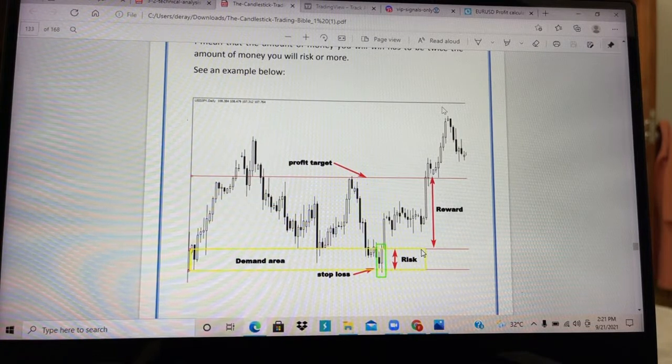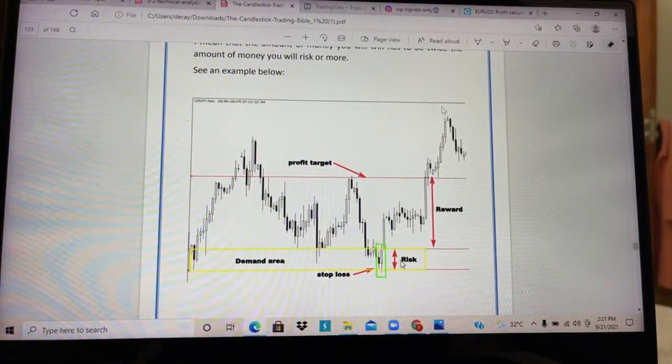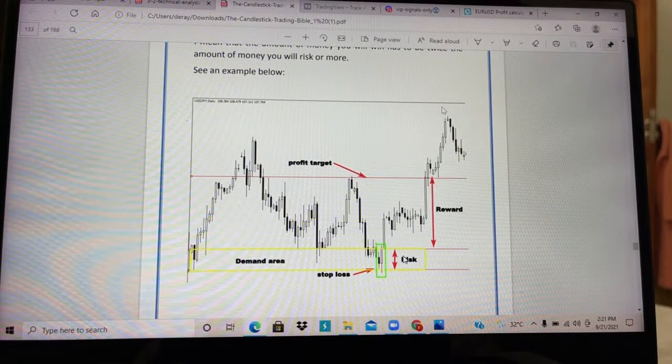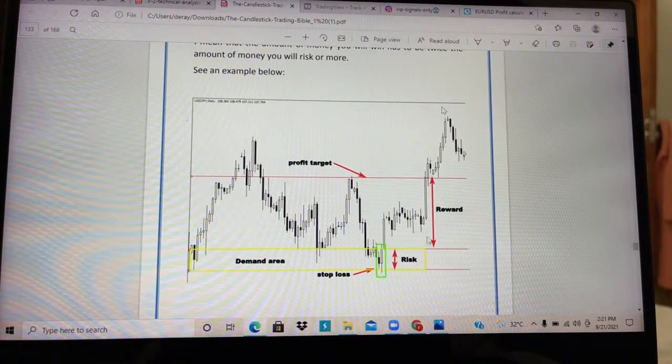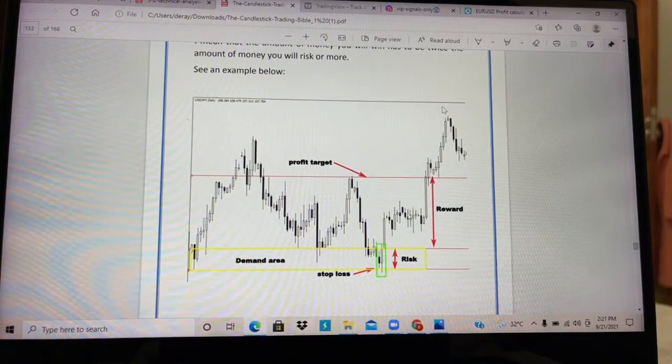So that means every time you win, you would have been 2 to 3 times better than the risk, the loss. So if we end up having a bad day by the trade you took the previous day, or maybe within that same day, because your reward was actually greater, you end up still being in profit.